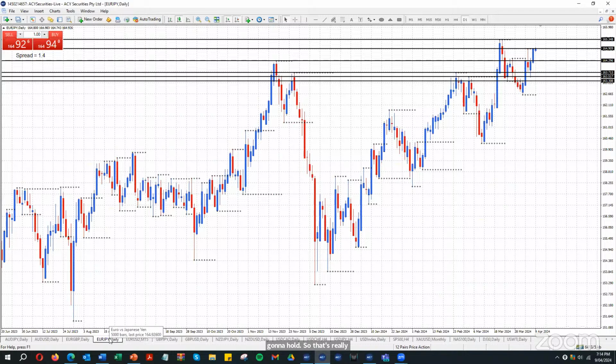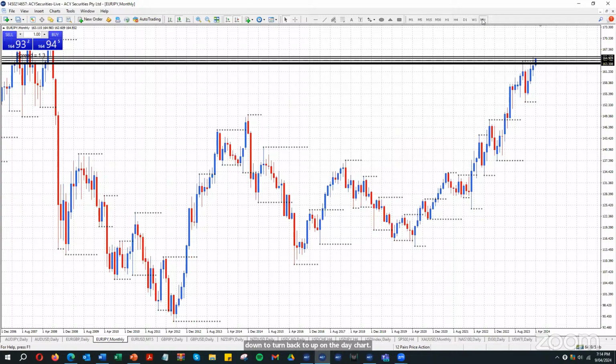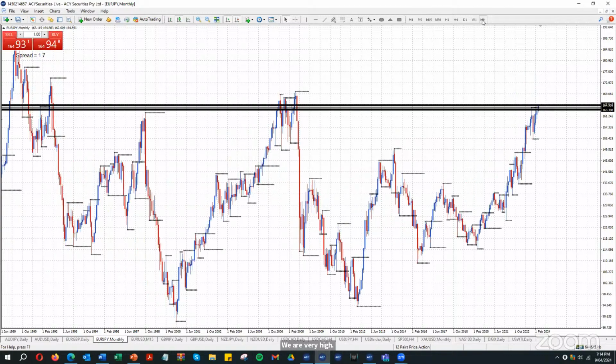Euro yen is at a high at the moment. Trend was down, it's turned back to up on the day chart. We are very high historically on the Euro yen monthly chart. So when we're at very high historical levels, we will often struggle. But monthly trend and weekly trends are up, but we're at historical high levels.